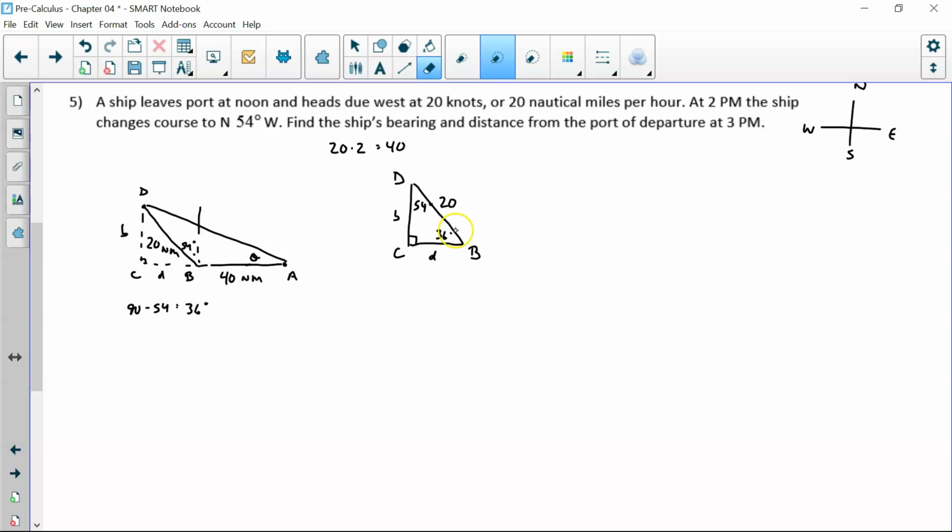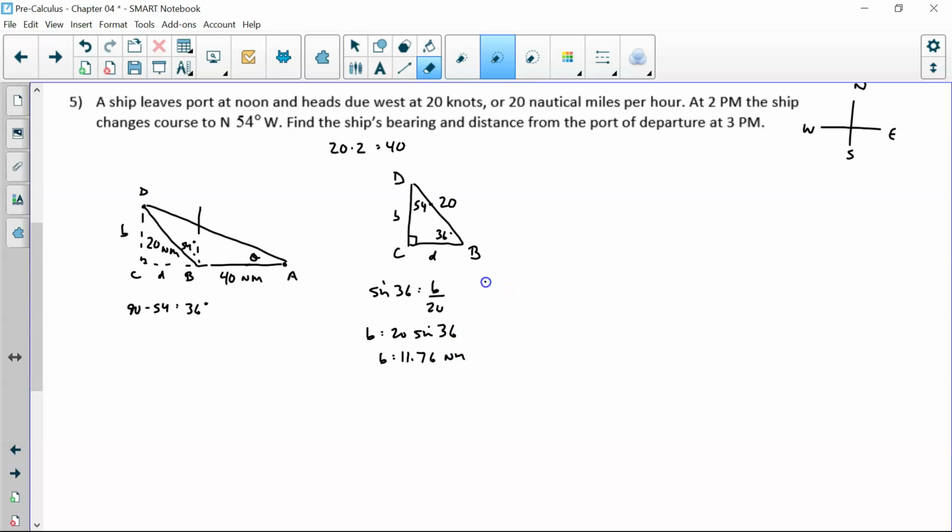So we can use sine. So the sine of 36 equals opposite, which is B, over the hypotenuse, which is 20. So B equals 20 sine 36. So B is about 11.76, and that's nautical miles.